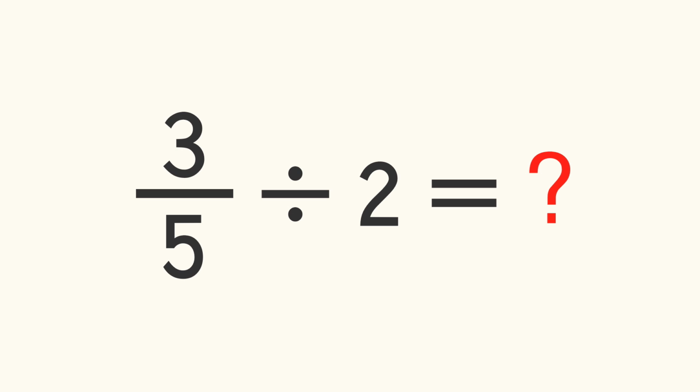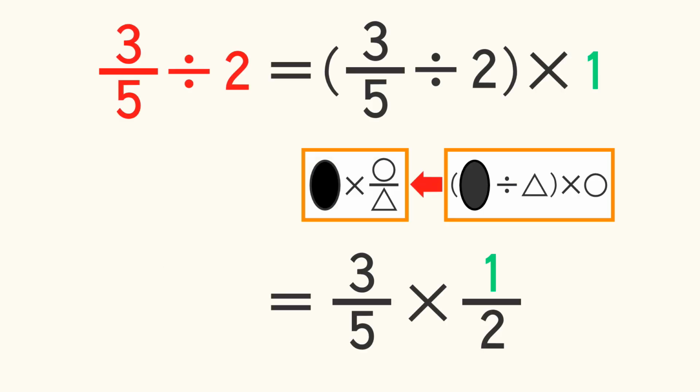Next, let's also look at how to divide a fraction by a whole number. If we think of dividing a fraction by a whole number as dividing by a whole number and then multiplying by 1, we can use the rule we learned earlier, the equivalence rule of multiplying by a fraction.